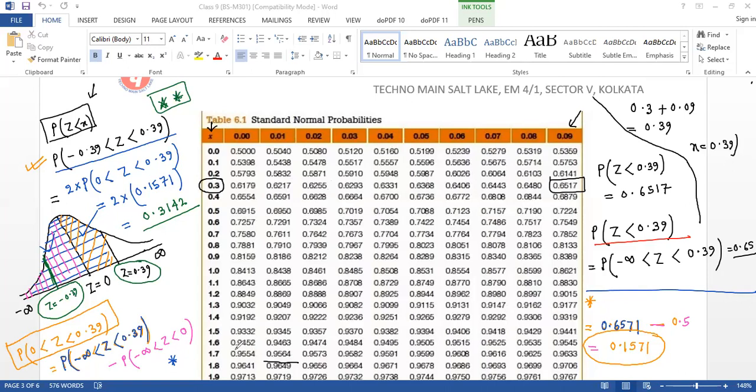Now, if in a particular problem you are supposed to calculate the probability of 0 less than capital Z less than 1, then you don't have to come to the table, because you know that the probability of -1 less than Z less than 1 is 0.6826.